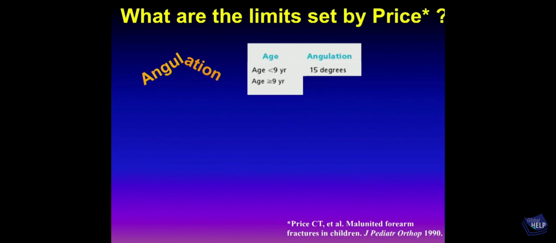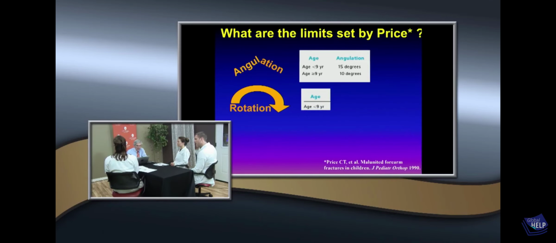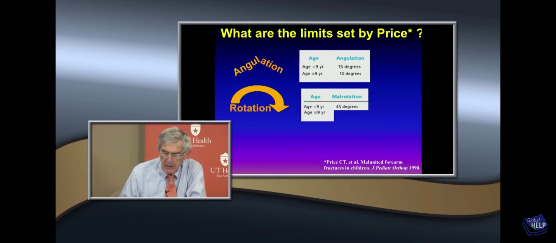Suppose they're a little bit older. 10 degrees? Yeah, that's right, 10 degrees. So what about rotation? Age 9 years? 45. Yeah, 45 degrees. And if they're older than that, you have to have about 3 degrees of rotation. That will give you a good functional and cosmetic outcome.